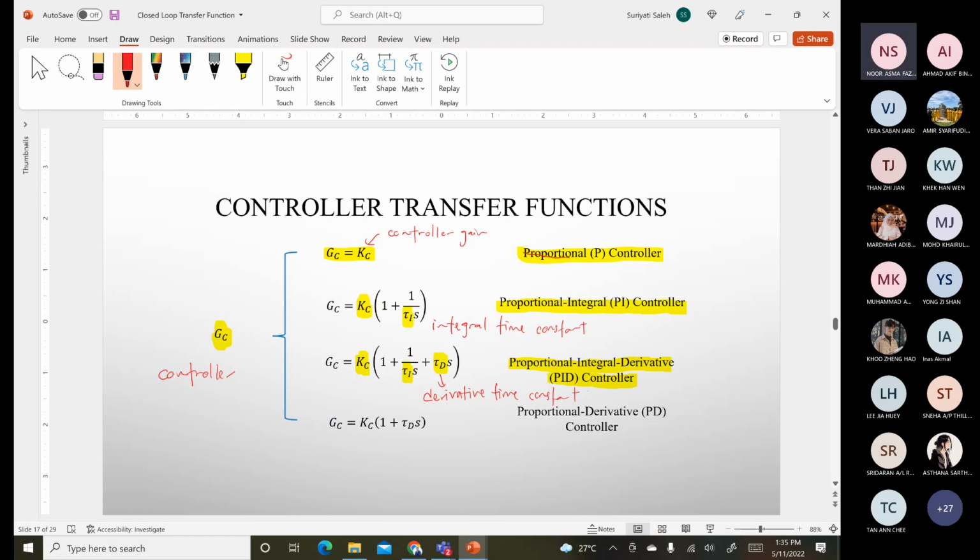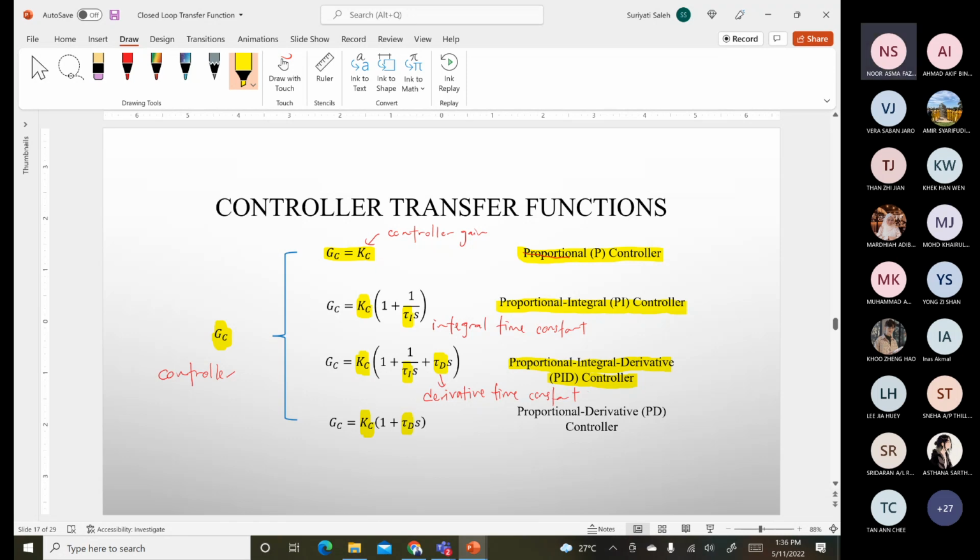That is the third one, the PID, as we call it in short form. P is proportional, PI is proportional integral, PID is proportional integral derivative. And lastly, you have the proportional derivative, no integral, so you have Kc and tau D only.